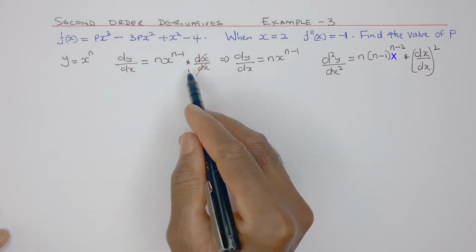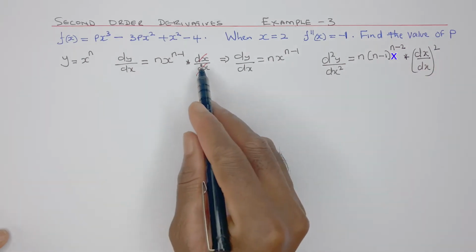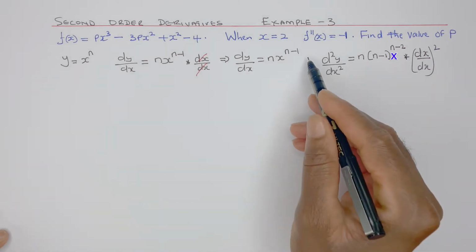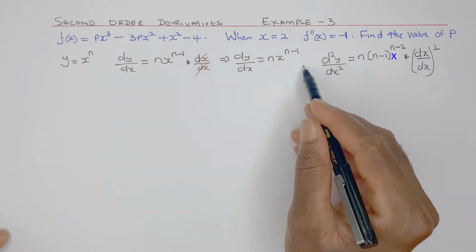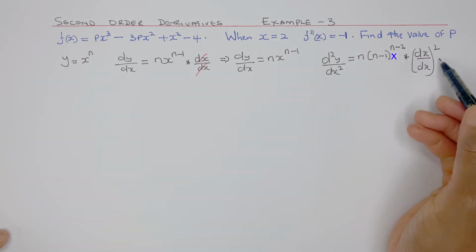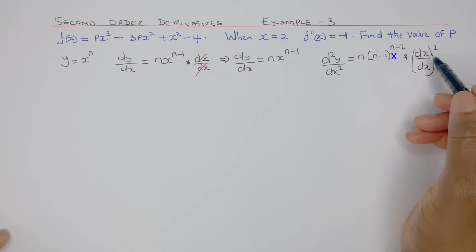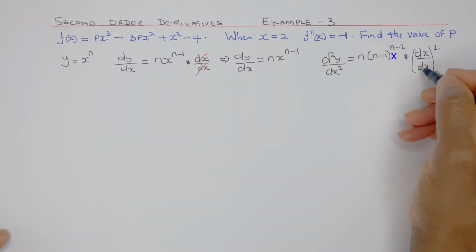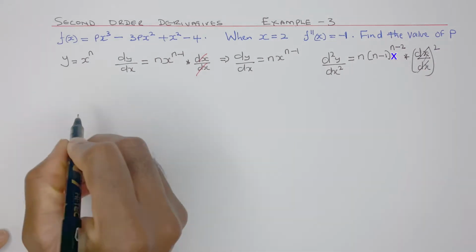Because we've already done it here, this one has dx over dx, which is 1. If you times dx over dx times dx over dx, you get dx squared. So if you do the third derivative, you will be doing dx over dx cubed. So obviously that cancels out, so that's just 1. So now we know the derivative is that.